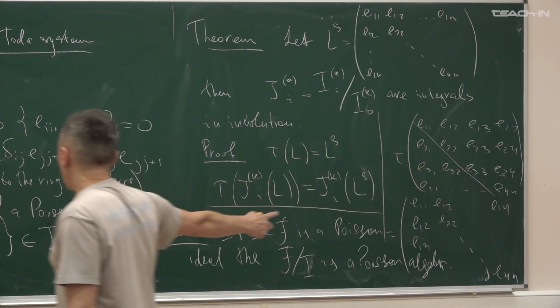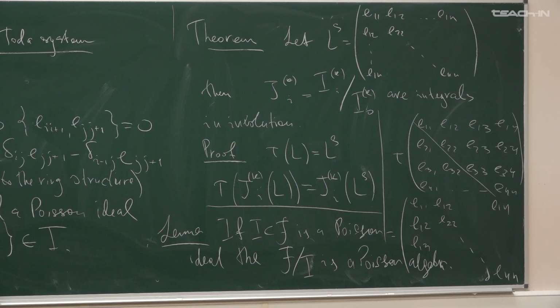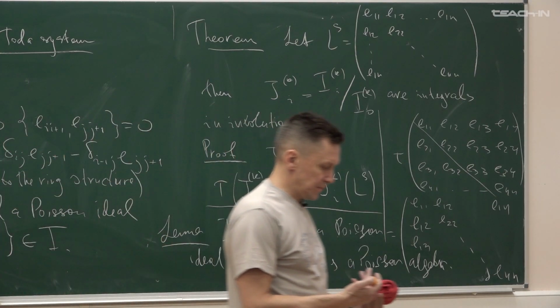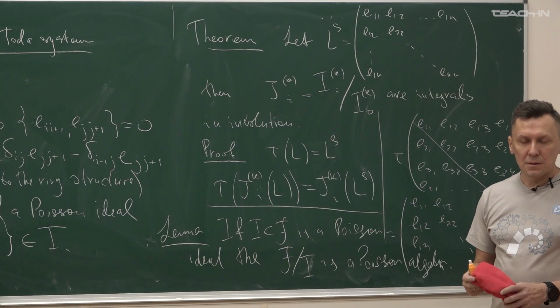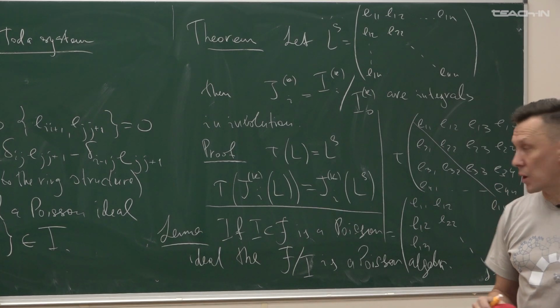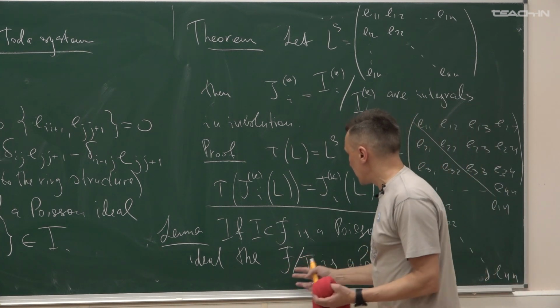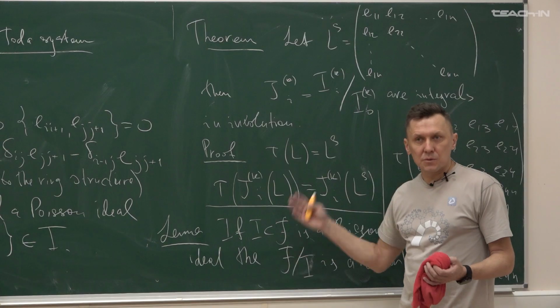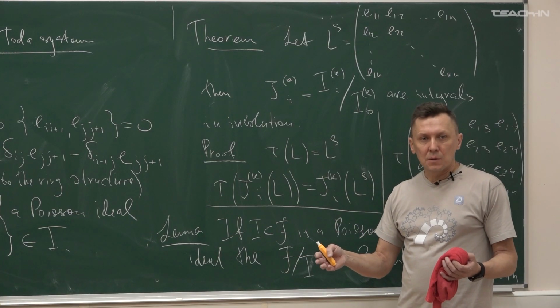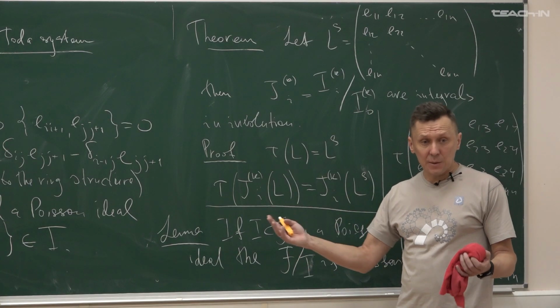But why is it true? It's quite evident. The idea is very simple. We have to restrict the Poisson bracket to the quotient, the same Poisson bracket.